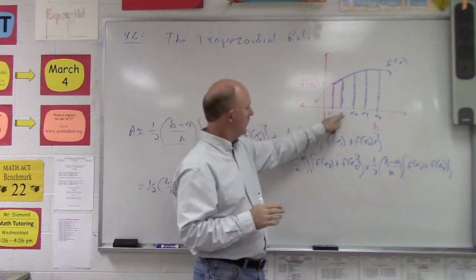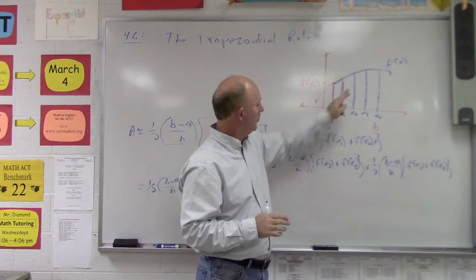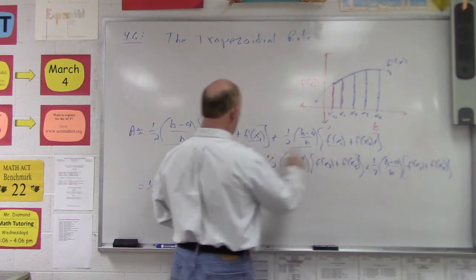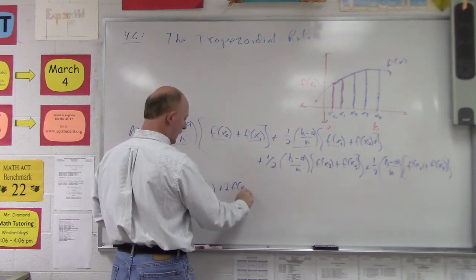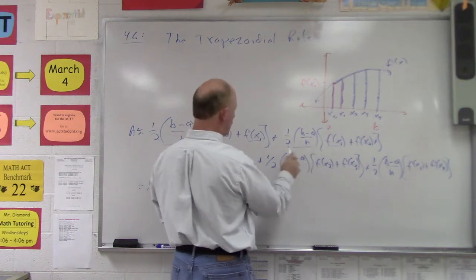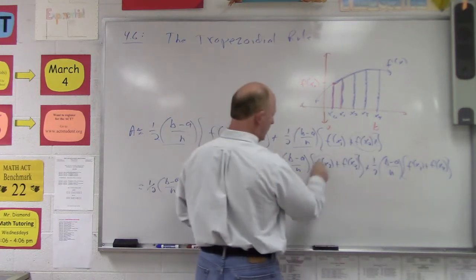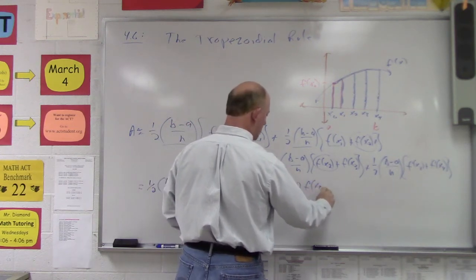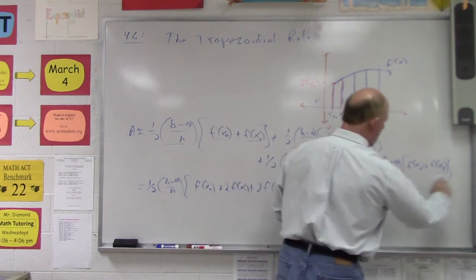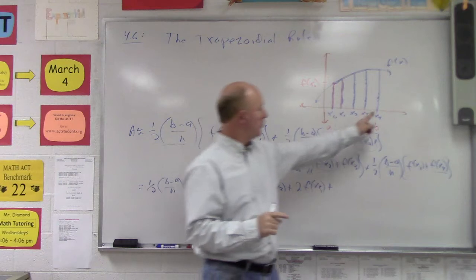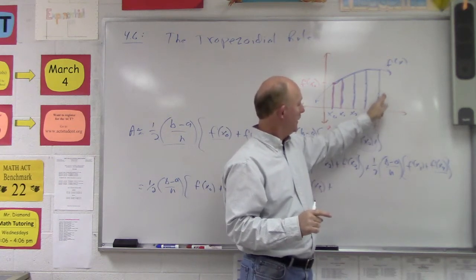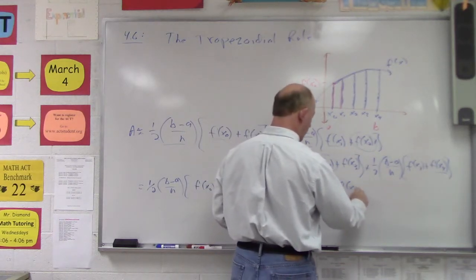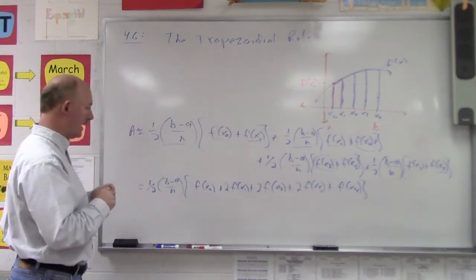Where the first trapezoid and the second trapezoid share a common side, we're going to have 2 times f of x of 1, plus 2 times f of x of 2, since we have f of x of 2 again, plus 2 times f of x of 3, plus, down here at the end, only 1 f of x of 4. The last base is only used by that last trapezoid, so we only have 1 of them. So this describes our area here.